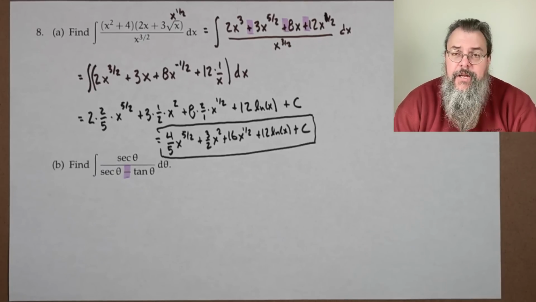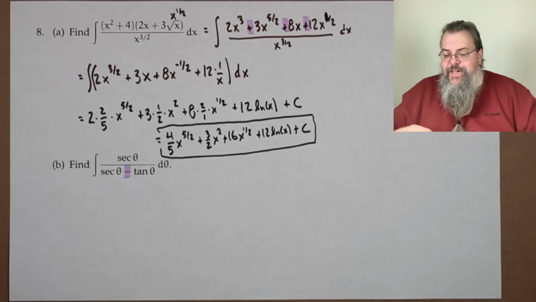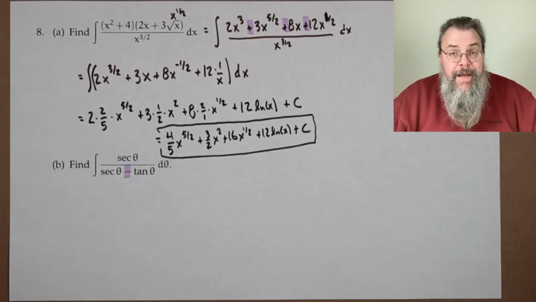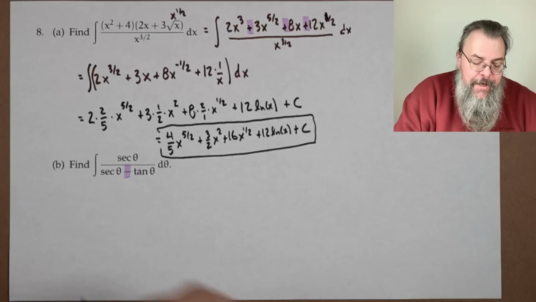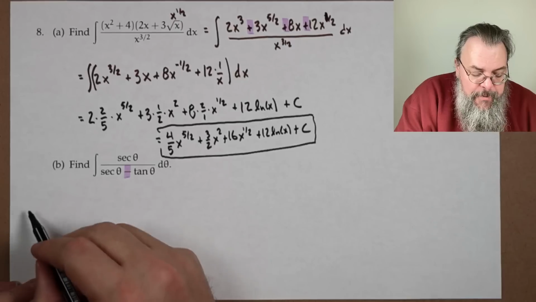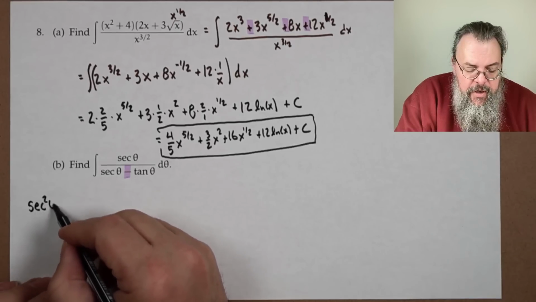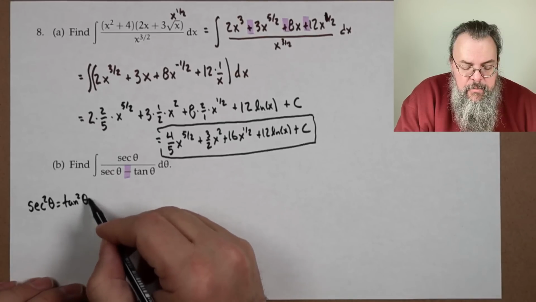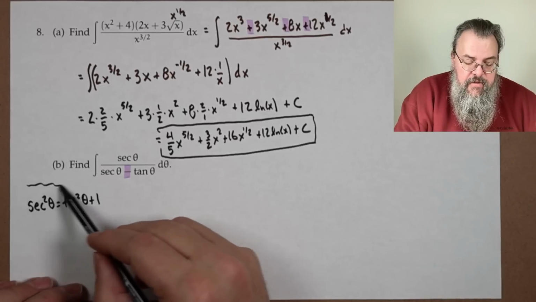And we start thinking, well, what are some things that we know about secants and tangents? We dig into our treasure trove of facts about secants and tangents, and we don't have very many, but we have one that's very handy, and we have some backups. Let's start with probably the most important one, which is secant squared is equal to tangent squared plus 1. All right, this is the Pythagorean identity, so that's a nice little fact.